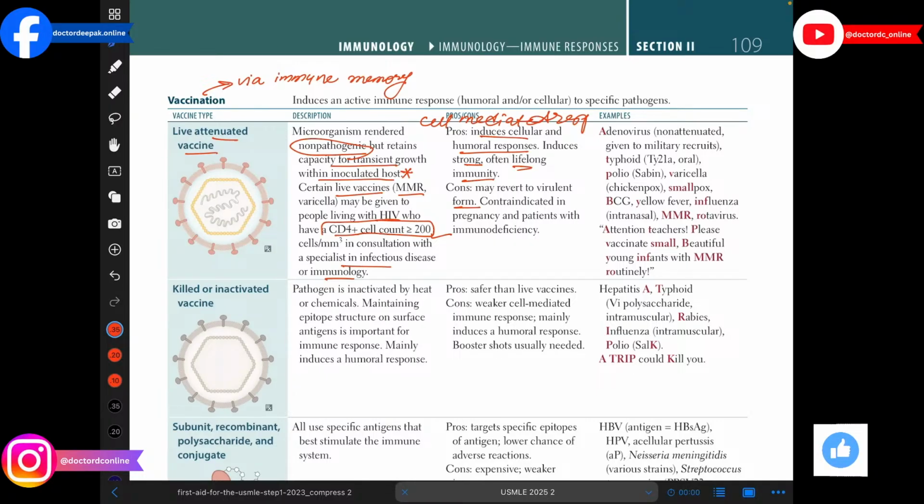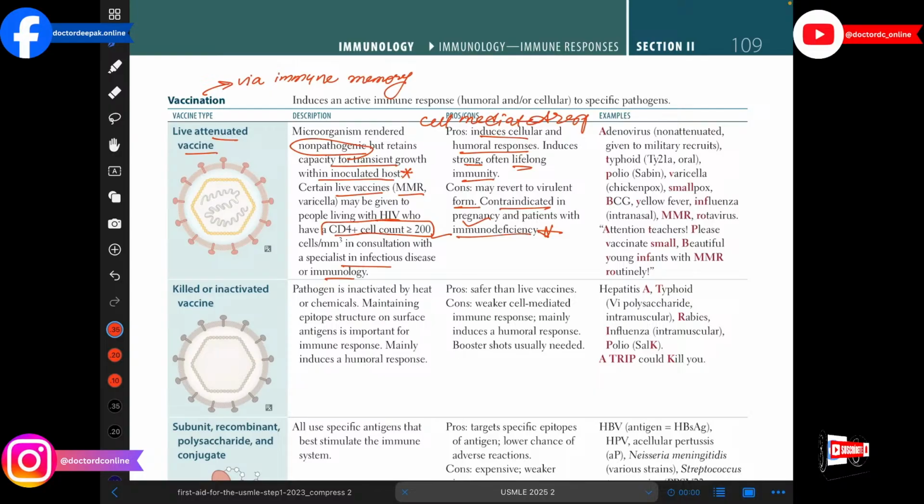Sometimes the microorganism does not lose its pathogenic qualities and becomes more pathogenic to the human being. If given to infants less than 1 year old, maternal antibody may kill the pathogens. It is also contraindicated in pregnancy and in patients with immunodeficiency because of the risk of infection from these vaccinations.